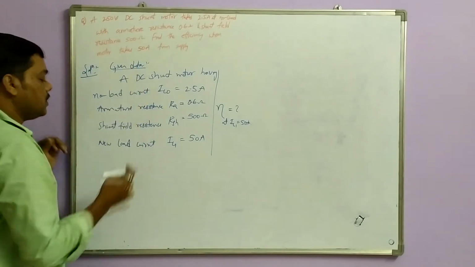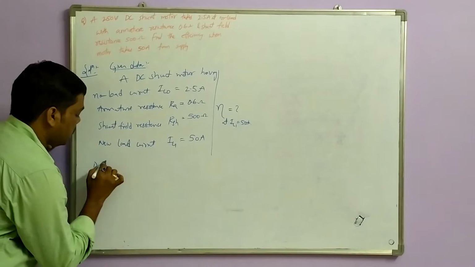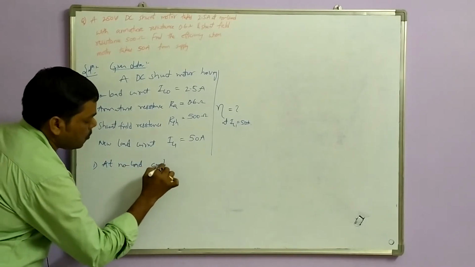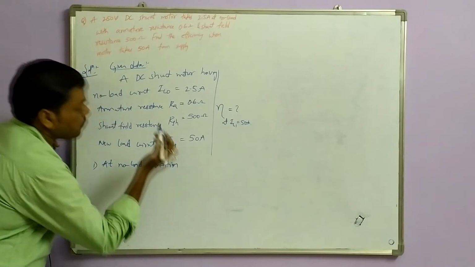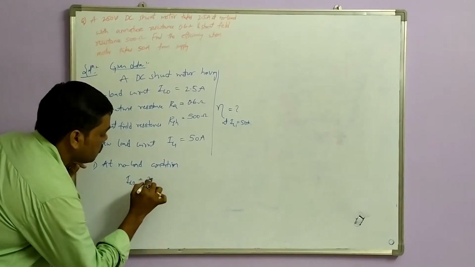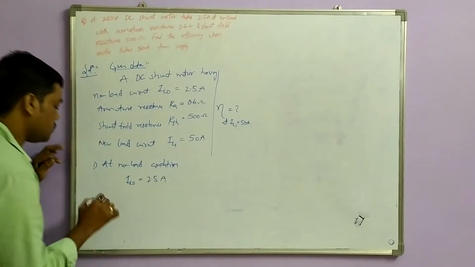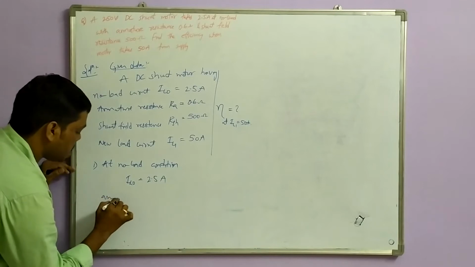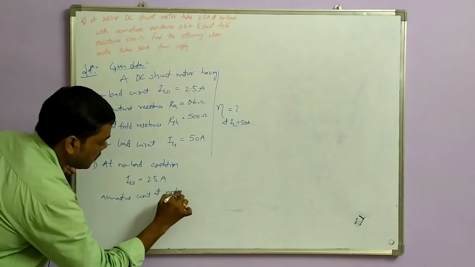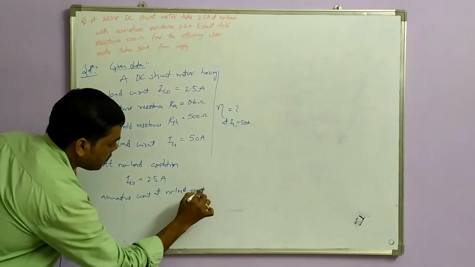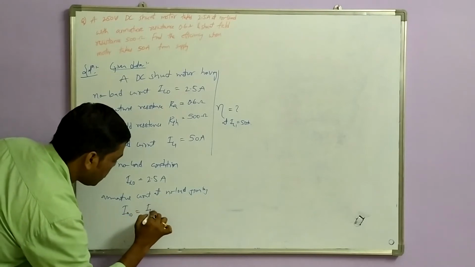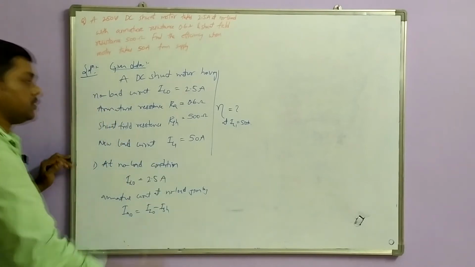Okay, now first I am going to take the no load condition. IL0 is 2.5 amperes, so the armature current at no load is given by IA0 is equal to IL0 minus ISH.